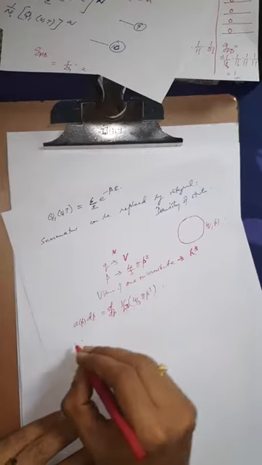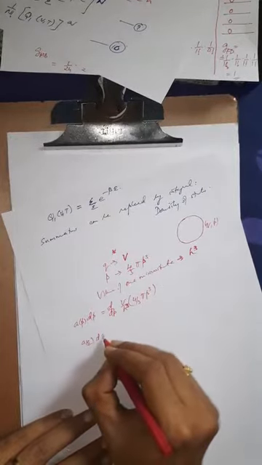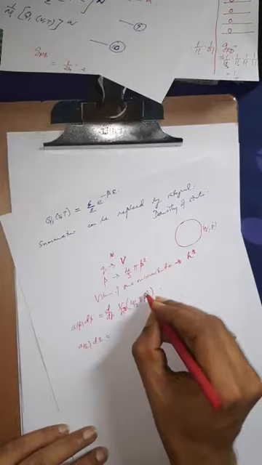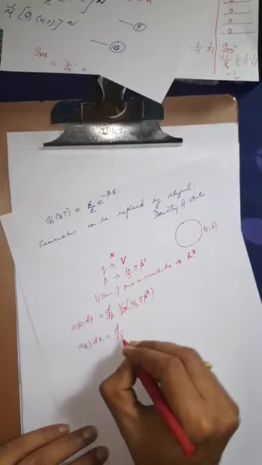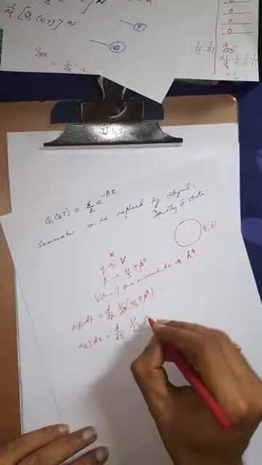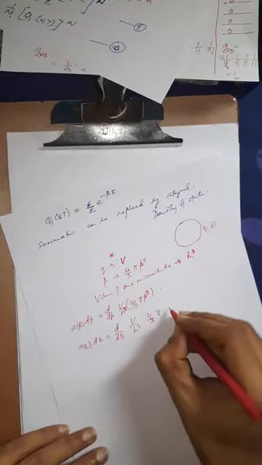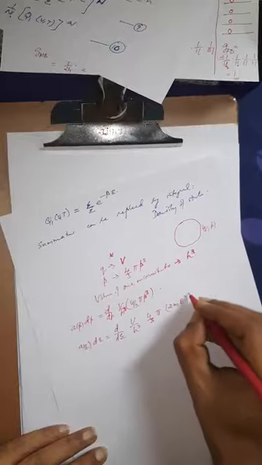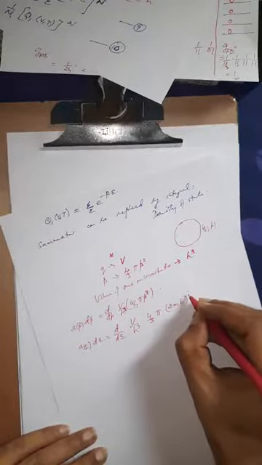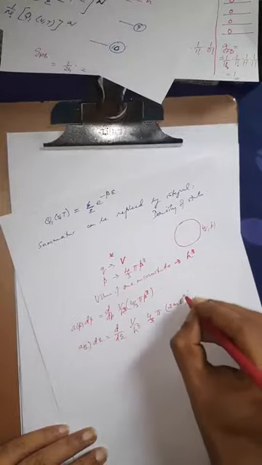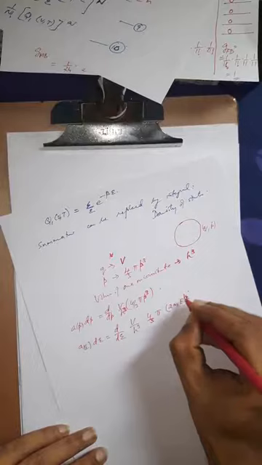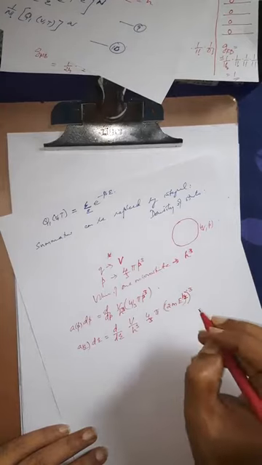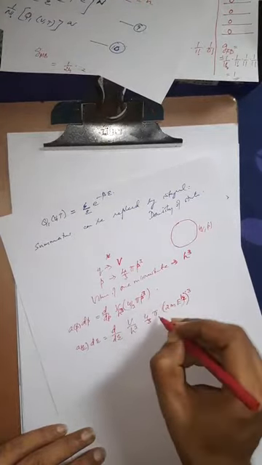If I want to write it in terms of the energy, I have to just substitute P squared by 2m equal to E. So if I express the same expression in terms of the energy, I can write it as d by dE of V by h cube into 4 by 3 pi P cube.